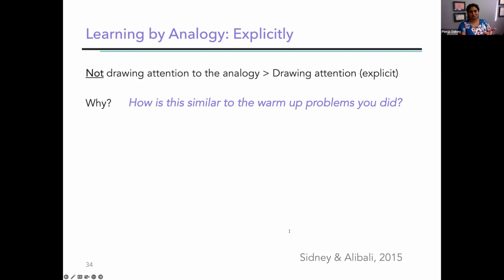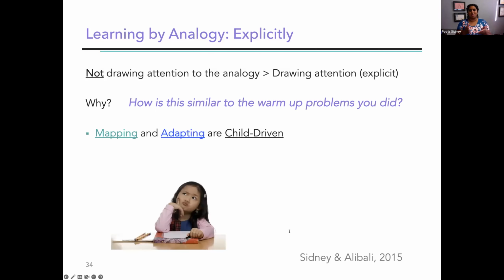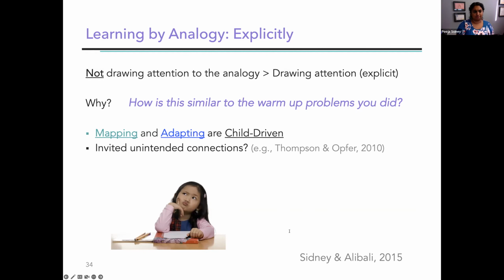I gave them the whole number division warm-up problems, but I didn't provide a whole lot of support for mapping and adapting. Instead, any mapping and adapting that happened was likely child-driven. And when children are given opportunities to make analogies, they don't always make the right connections. Research from others suggests that without providing any support for the analogy, we might actually be inviting unintended connections.